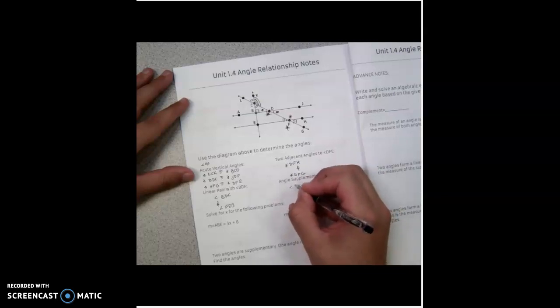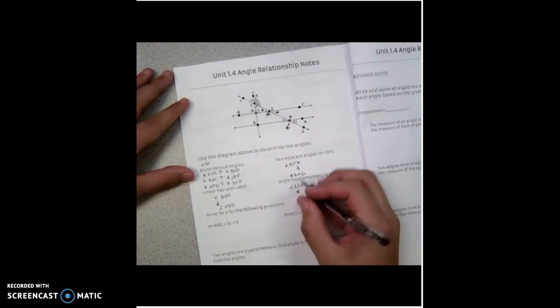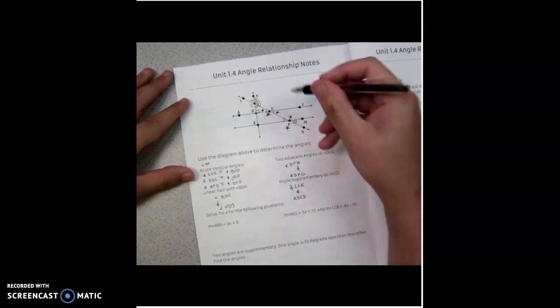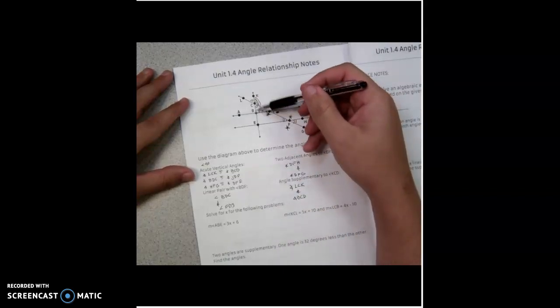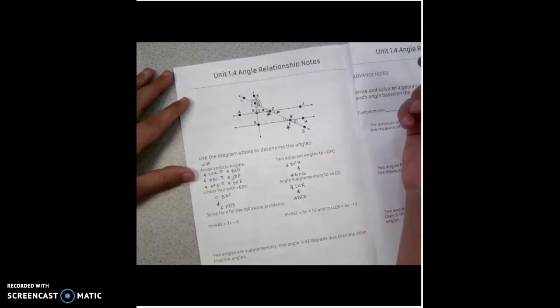So angle LCK and angle BCD. Both of those will allow me to have the linear pair, which means that they will end up being supplementary. Okay? Now we're going to solve for x for the following problem.